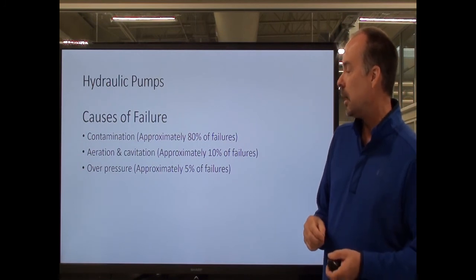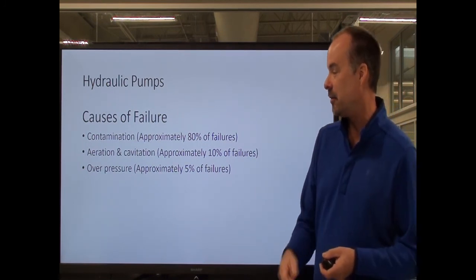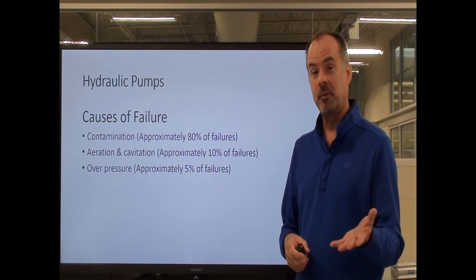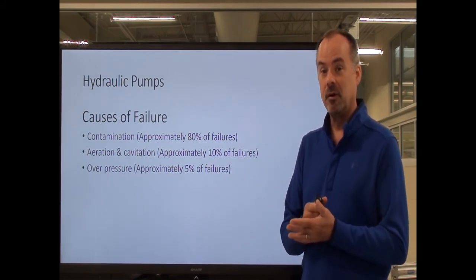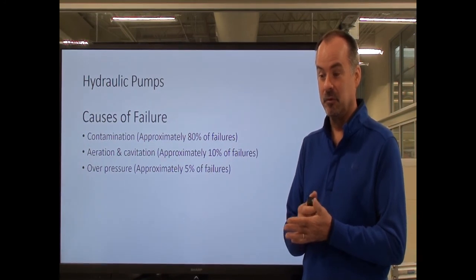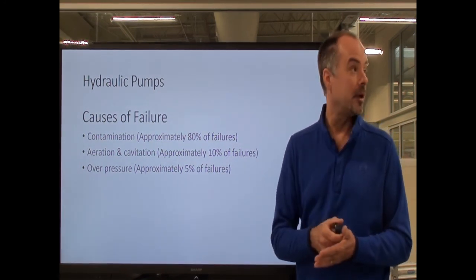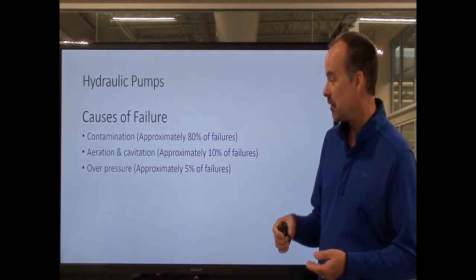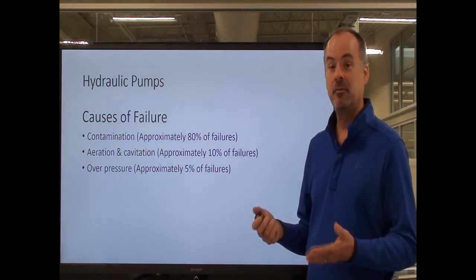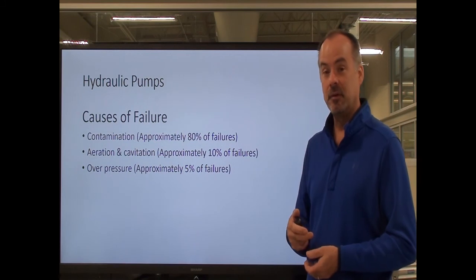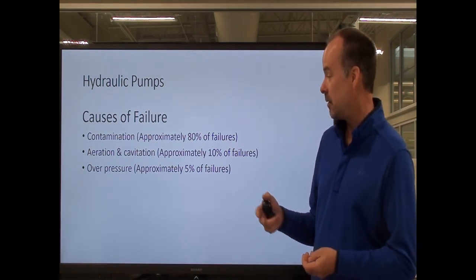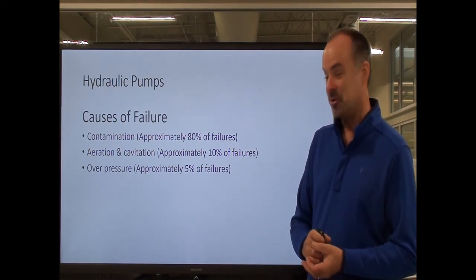Overpressure accounts for 5% of failures. This would be like what I talked about with deadheading a pump. If you try to restrict the flow of that pump to less than what that pump is capable of putting out, then you can end up with a cracked case and damaged components on the inside: gears, vanes, pistons. This will certainly destroy a pump.